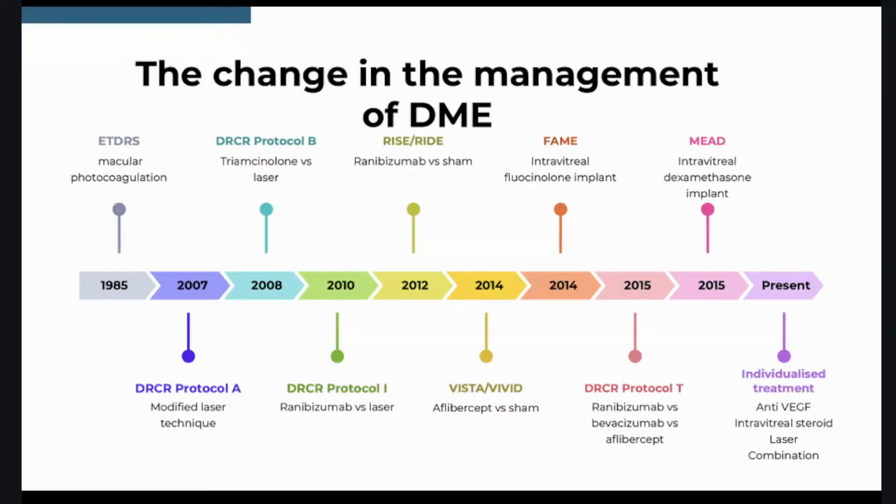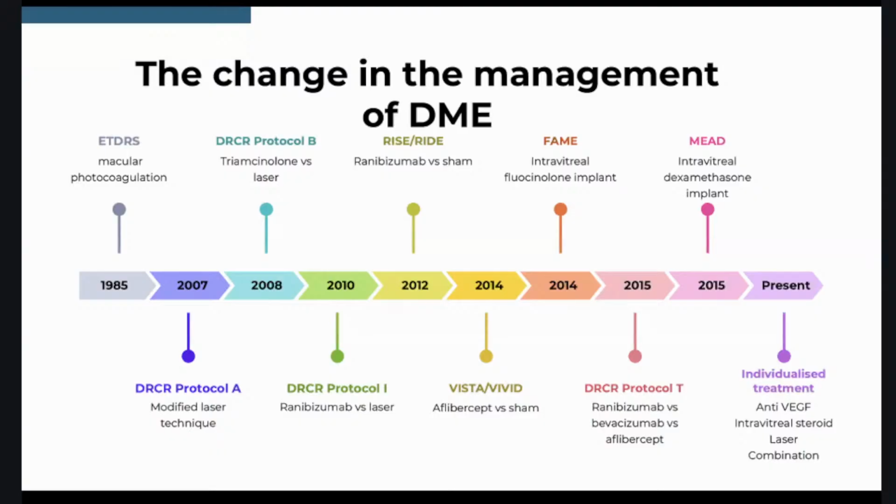There were also the FAME and the MEAD studies, which showed that intravitreal steroid implants work in the management of diabetic macular edema. One of the big landmark trials was the Protocol T. So after it had been established that all of these anti-VEGFs work, it wasn't clear about which one to choose.